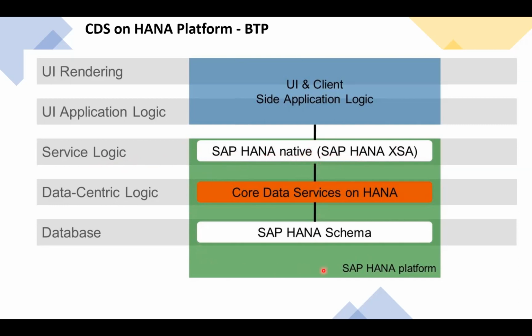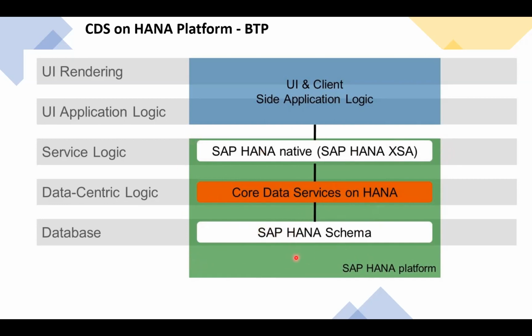It is completely a database layer. There will be no application layer at all. This XSA arrangement is inside the database itself. Whenever we develop something, it's core data services HANA, completely inside the database itself.